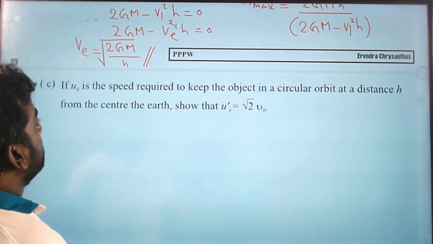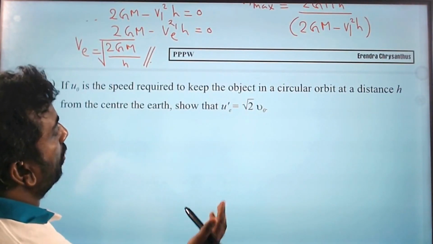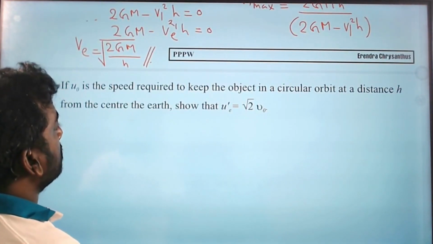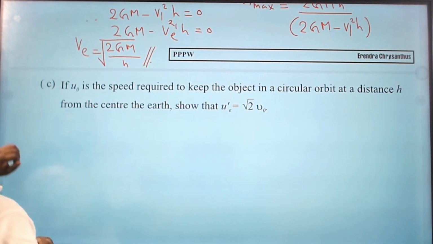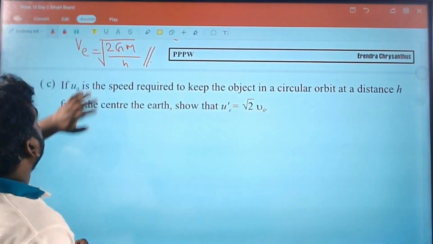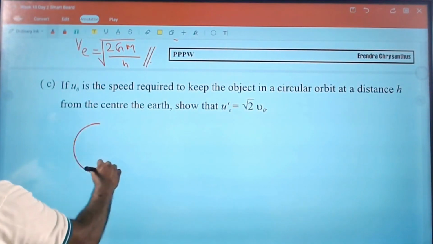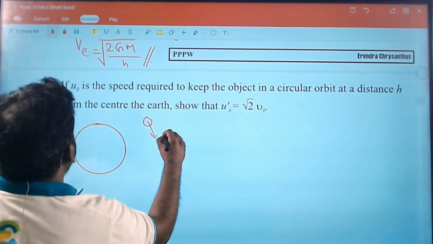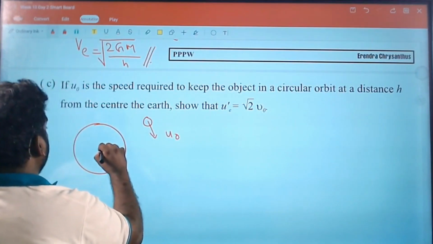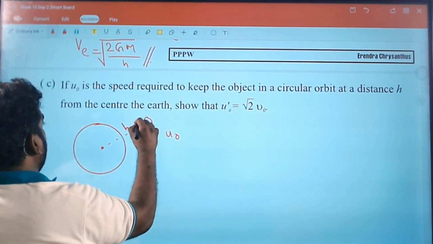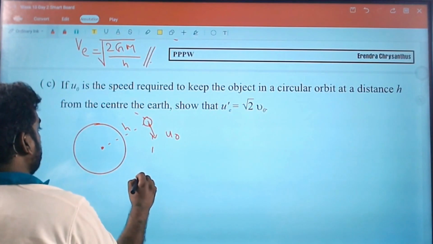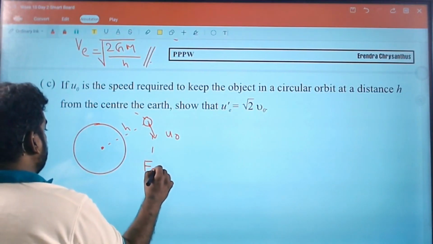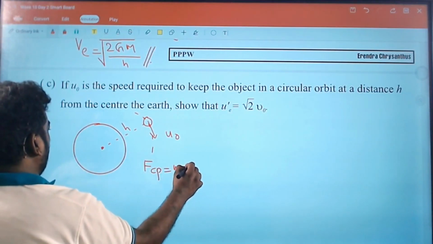If v0 is the speed to keep the object in circular orbit, show that the escape velocity is root 2 v0. So if you are keeping the object in circular orbit at a height h, centripetal force equals mass into centripetal acceleration.